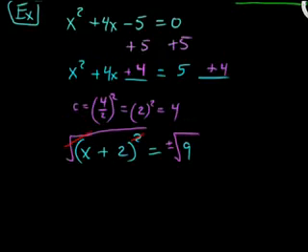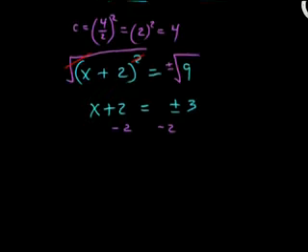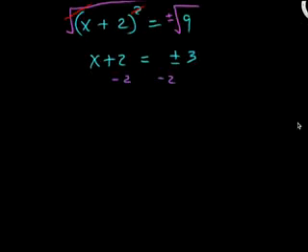So those cancel out. And I have x plus 2 equals plus or minus, what is the square root of 9? Well, that's 3. And now I could solve for x by subtracting 2 from both sides. And I've got 2 possible cases. And remember that a lot of times our quadratics have 2 possible solutions, right? Sometimes they can just have 1, and it is even possible for them to have no real solution.